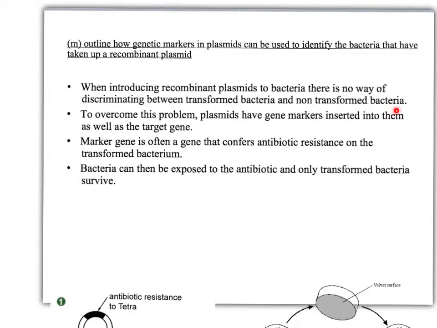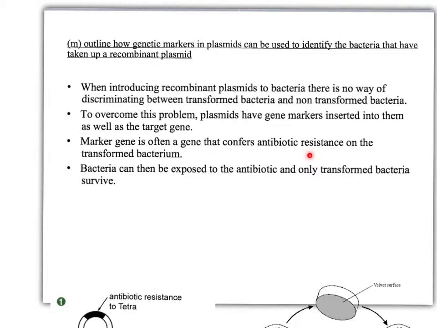Okay, to overcome this problem, plasmids have marker genes or gene markers inserted into them, as well as the target gene. The marker gene is often a gene that confers antibiotic resistance. The idea being that by then exposing our bacteria to the antibiotic, we will kill all the bacteria which haven't been transformed, because they haven't taken up the plasmid.